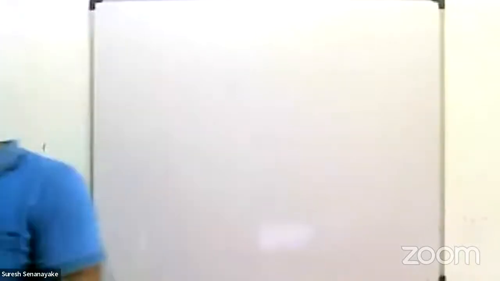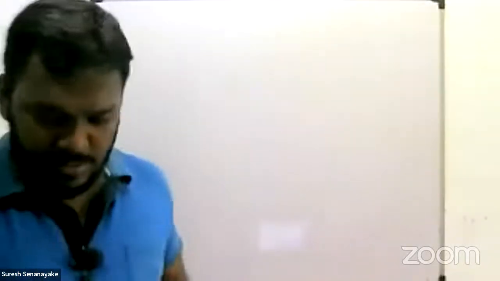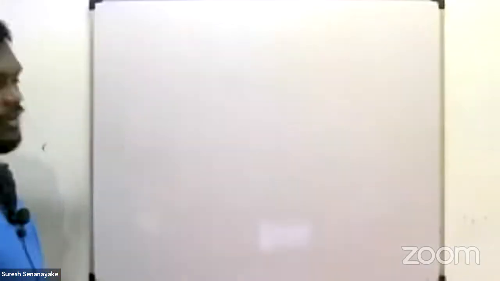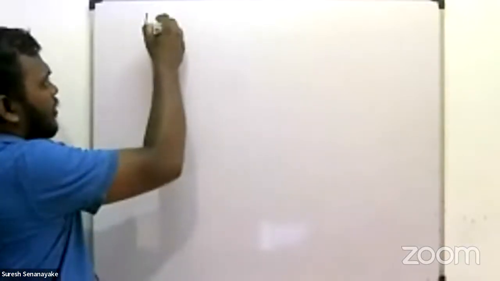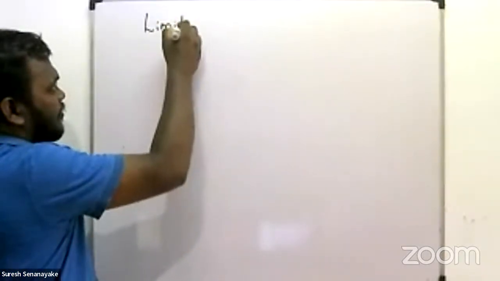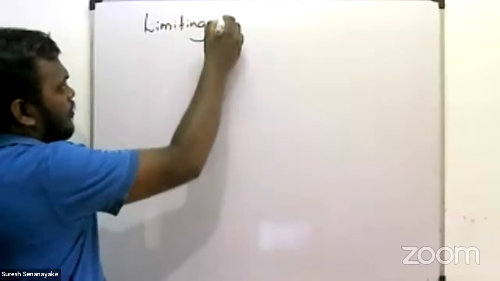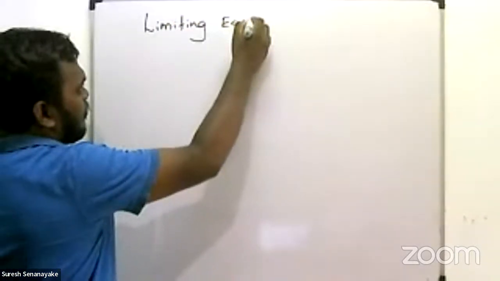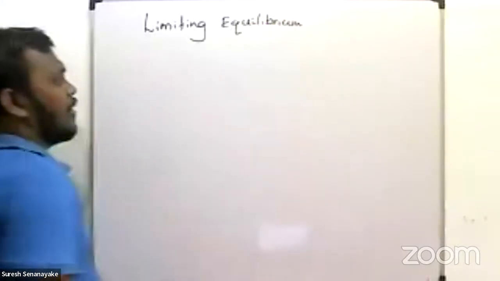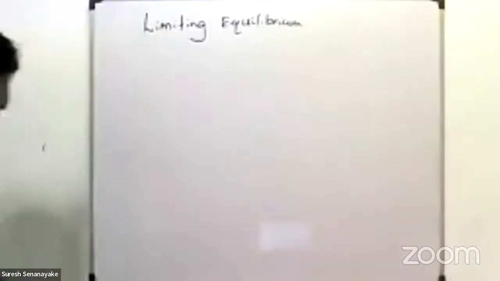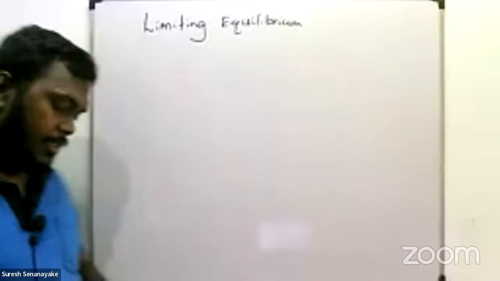Okay, last day we discussed equilibrium. Another case I'll introduce about equilibrium is limiting equilibrium. That is the last movement of the equilibrium.